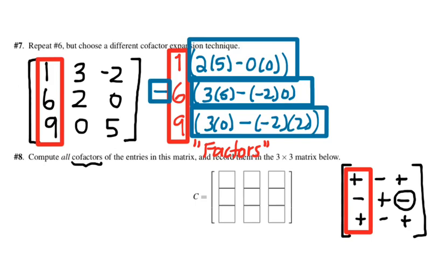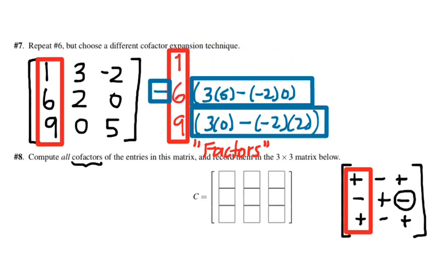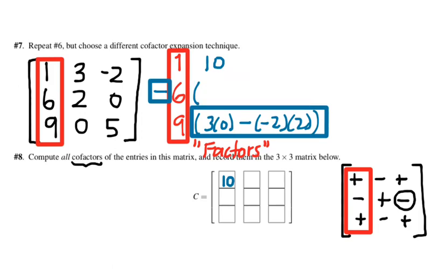If we simplify what we have in the blue boxes over here, 2 times 5 minus 0 times 0 is better known as 10. And so 10 is the cofactor of the number 1, which is why in this matrix of cofactors you put it right there in the first row, first column. Then when we simplify the second determinant here, 3 times 5 minus negative 2 times 0 is 15. But then we account for that negative sign out in front, we make that part of the cofactor as well.